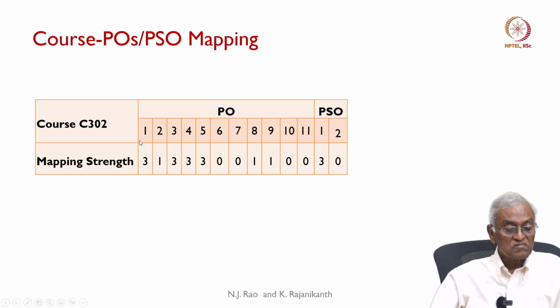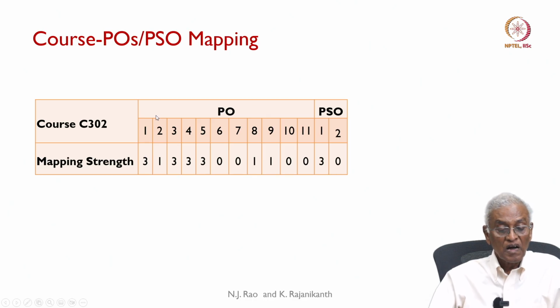For this course, some arbitrary number I have given, 302, you have 11 POs and there are 2 PSOs, and some of the POs are not addressed at all, so we put 0 there. For the remaining ones, we put the number we have computed.